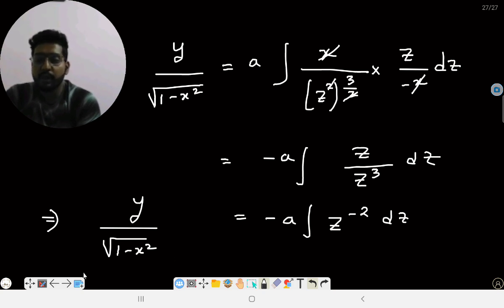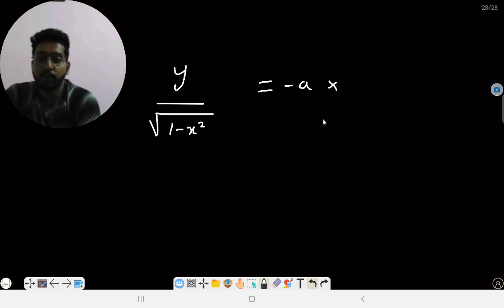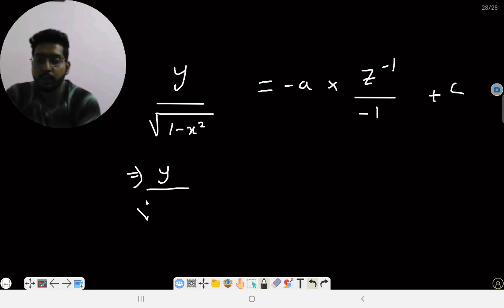Now z to the power minus 2, again you know what to do. So minus a into z to the power minus 2 plus 1, that is minus 1, by minus 1, plus c. So that will be y by root over 1 minus x square equals a by z.